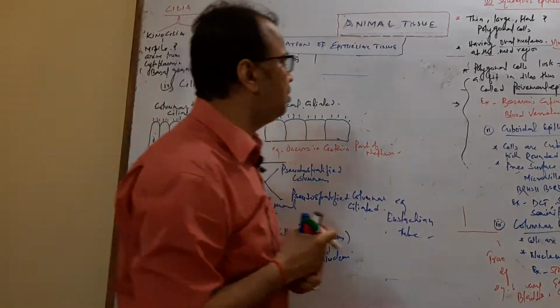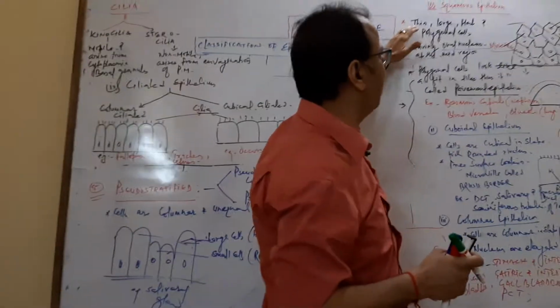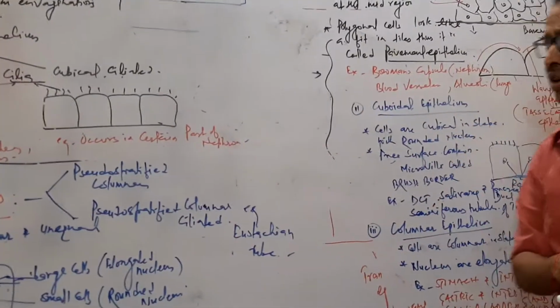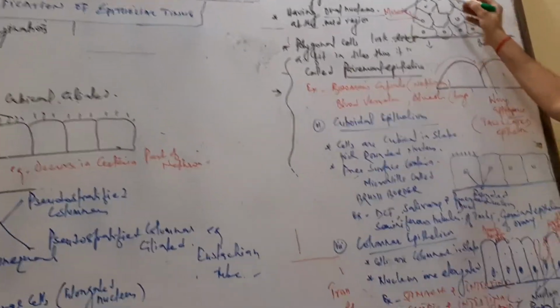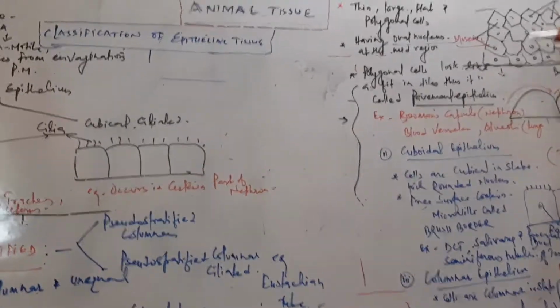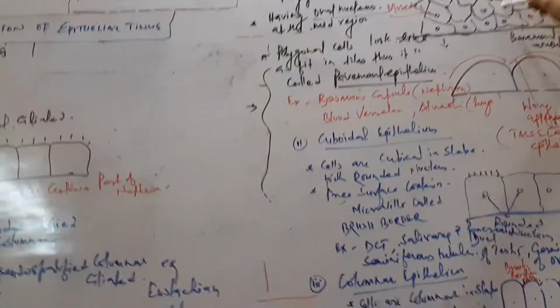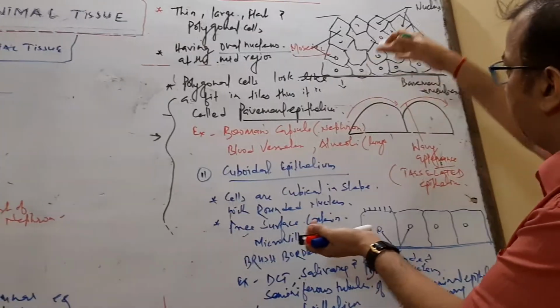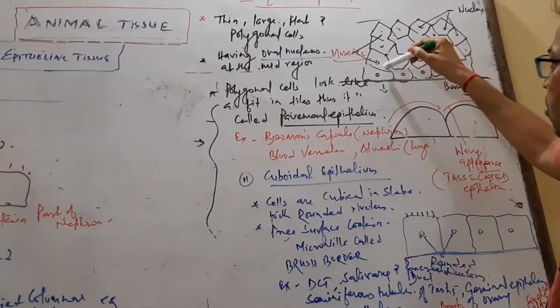In simple epithelial tissue, first is squamous epithelium. A squamous epithelium looks like polygonal cells, which rest on the basement membrane. In the top view, it is not multi-layered, it is a single layer, but from the top you see polygonal cells.